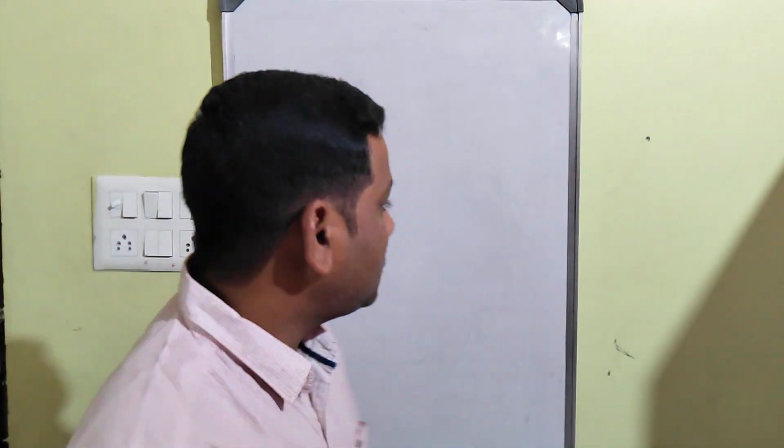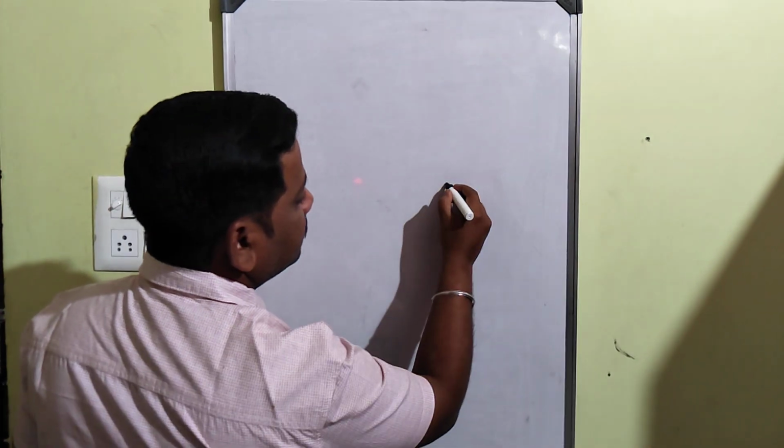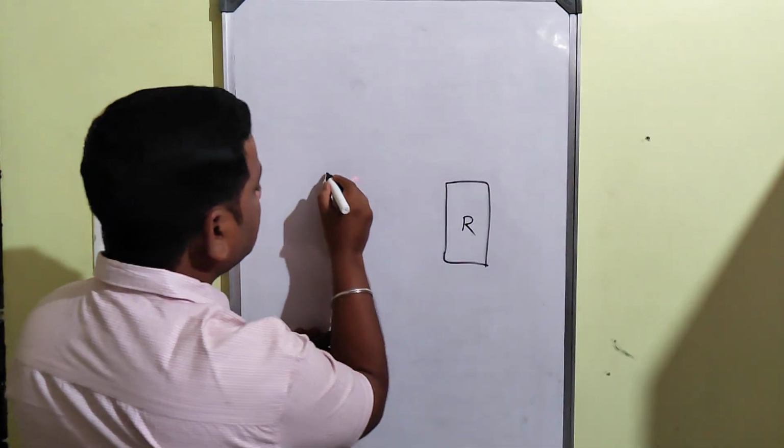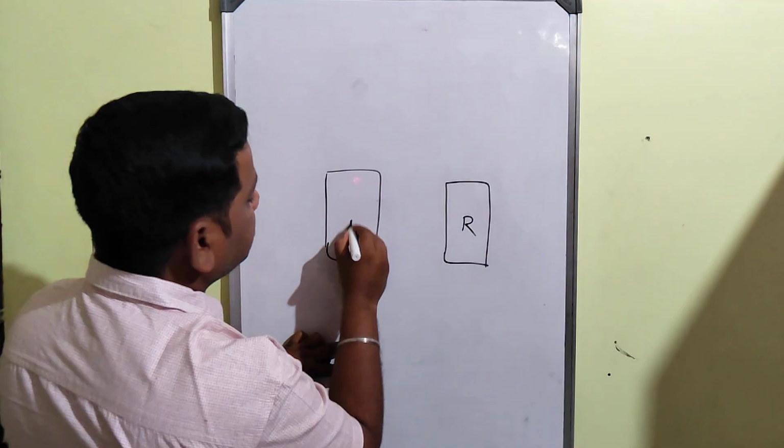First let's see what is happening in parallel. If it is 8-bit data, we need 8 wires to transfer it at a time. So this is a device and your receiver, and let us assume this is a transmitter from which we are transferring the data.